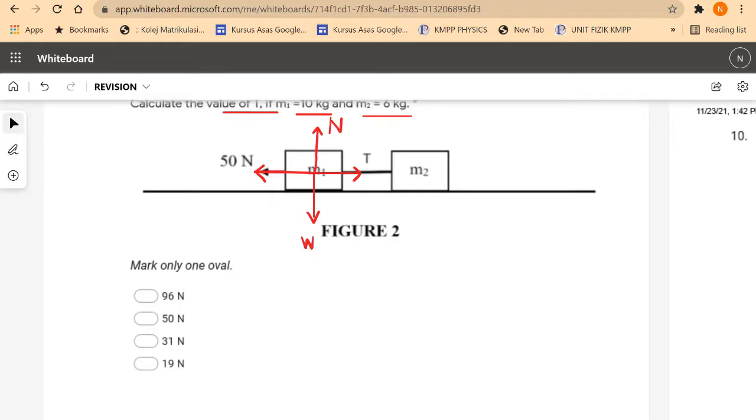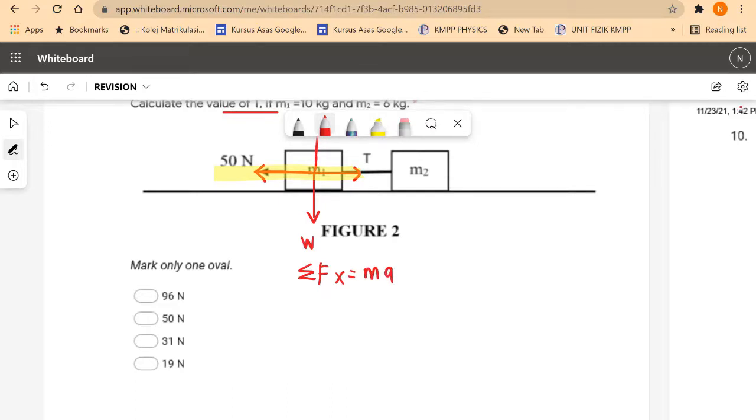So m1 accelerates to the left. I'm going to highlight the component of the acceleration, or the direction of the motion. So you can apply net force x equals ma.